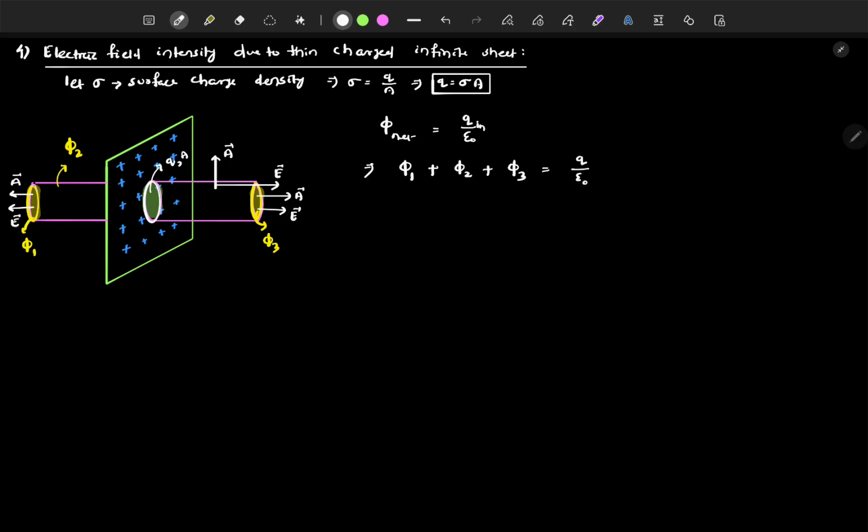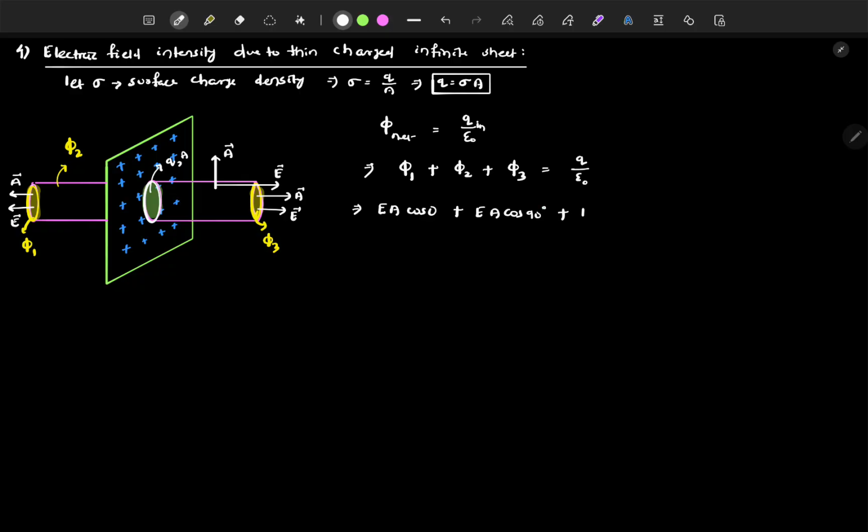So phi 1 is equal to E A cos 0. Next, phi 2 for the curved surface: the electric field and area vector are at right angles to each other, so we write E A cos 90.